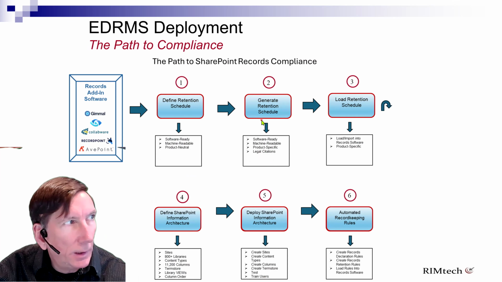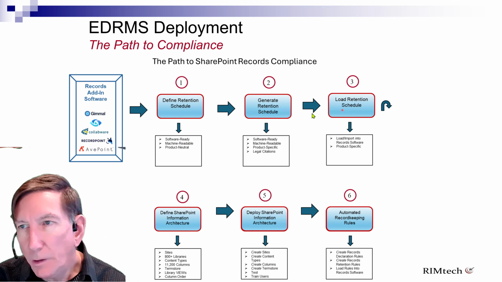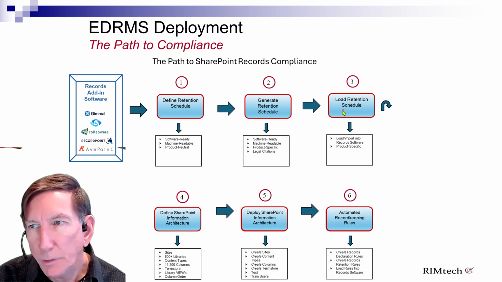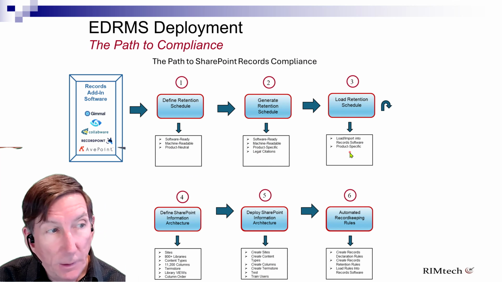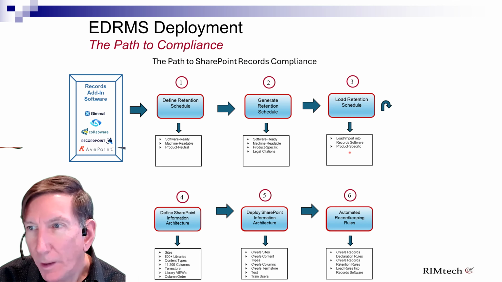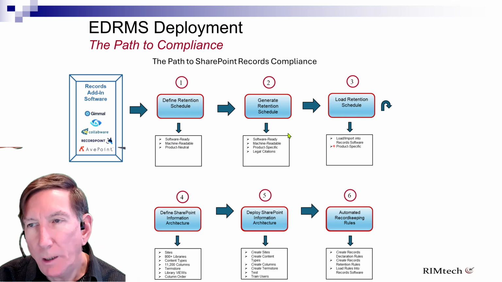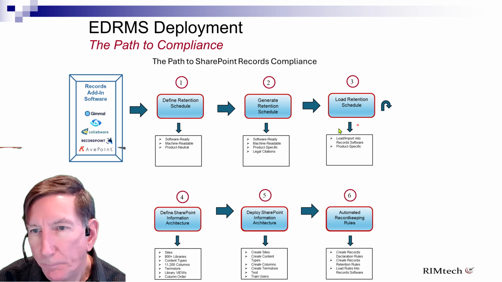And we have one client where it took us 3.5 years. Number 3, you have to get that shiny new machine readable retention schedule and load it into your record software. That should take an hour if you've done it properly. If you don't do it by import, you have to type it in by hand, which could take you several weeks.